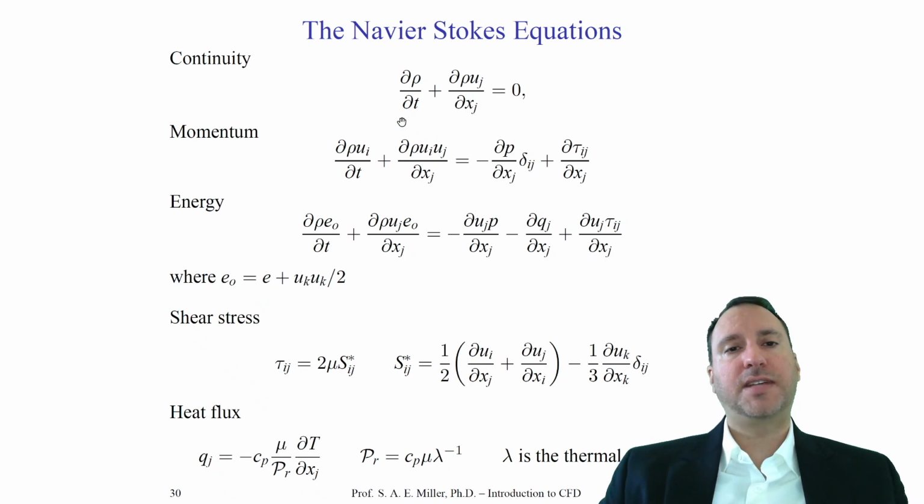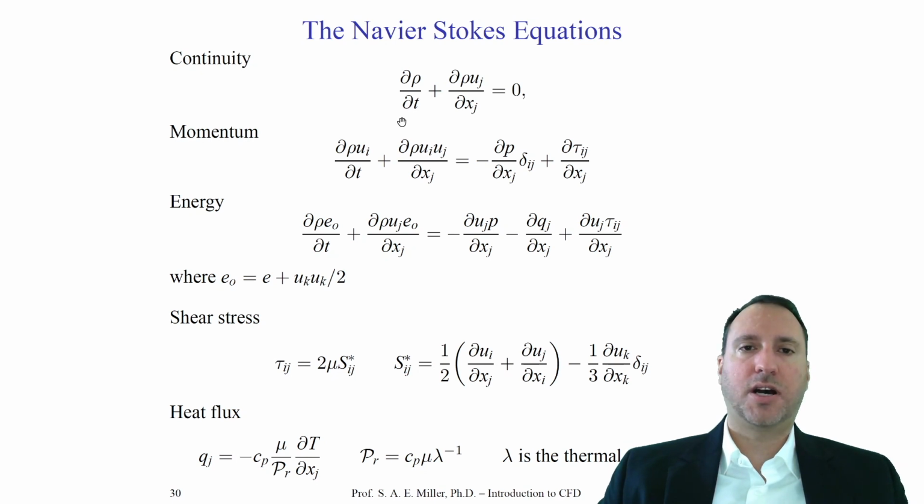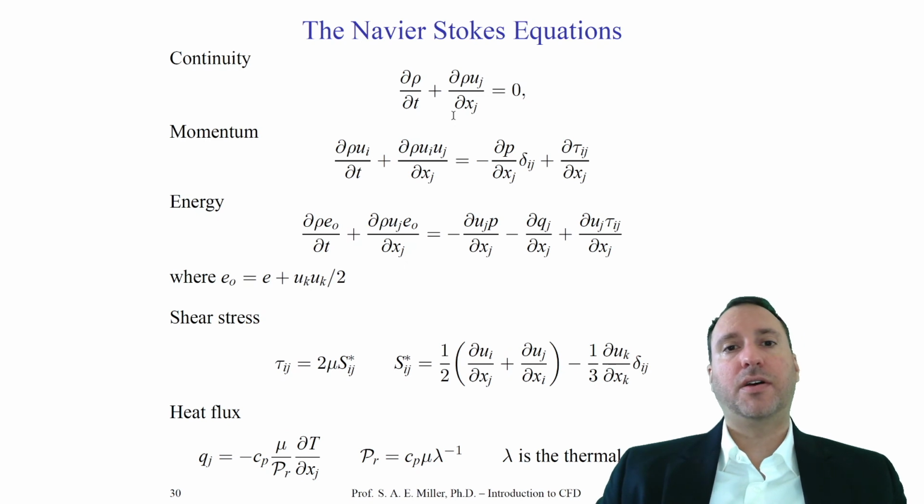Here, this is how density changes with respect to time. That is, the derivative of density with respect to time would be equal to the partial derivatives of rho and u in space. That would be nabla dot rho u in vector format.